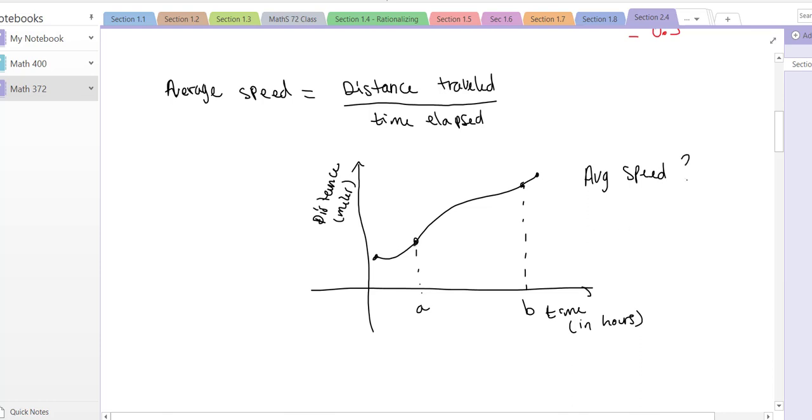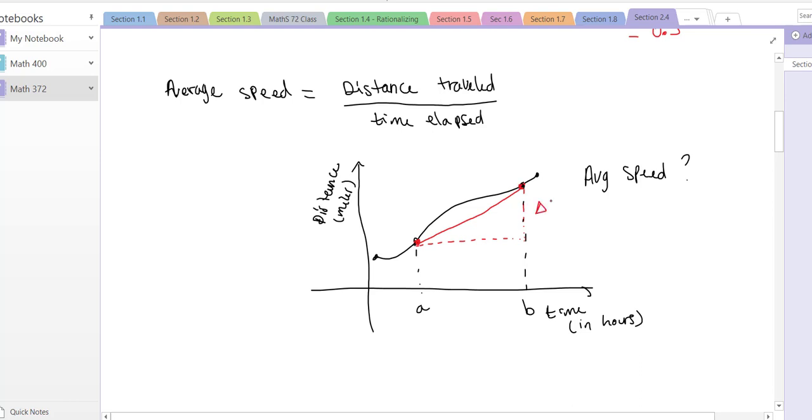So the average speed is the time that it took to travel, the time elapsed. You're going to divide by this into the distance that it took to travel. So distance divided by time. So this is where you're essentially finding the slope of this line. So you can create a little triangle and find, so the average speed, right?